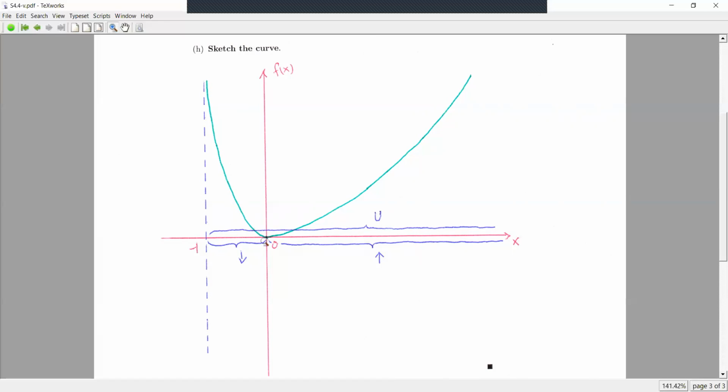When x approaches -1 from the right side, the graph should get closer and closer to the vertical asymptote. Second piece, 0 to infinity, the graph is increasing and concave up. So the graph looks like this, increasing, concave up.